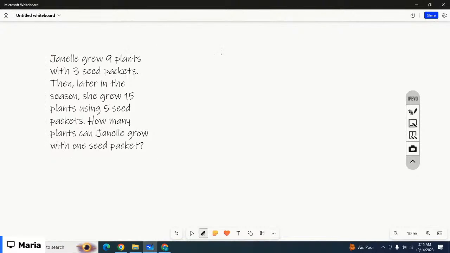Seed packets and plants. 9 plants with 3 seed packets, and later in the season she grew 15 plants with 5 seed packets, right?